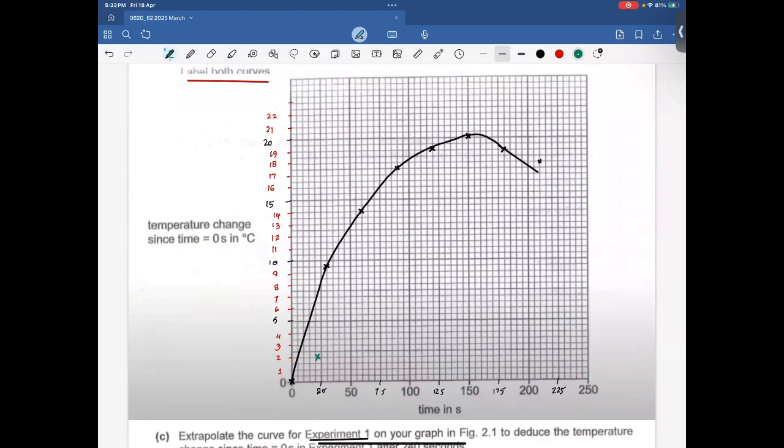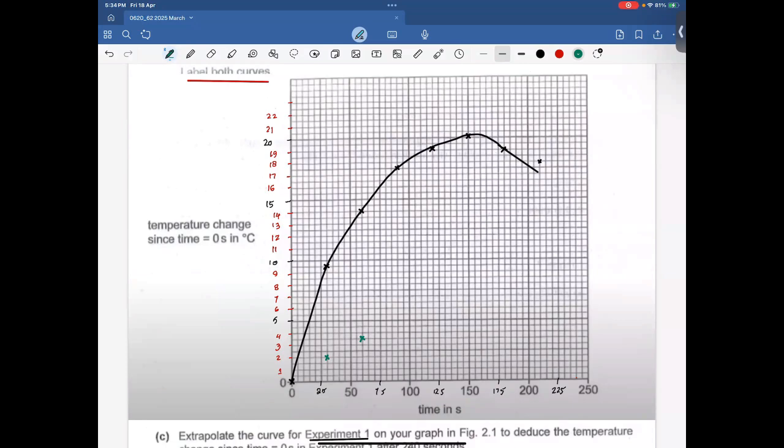Then hold on. 30, 25, 30, 2.0. Then 60. At 60, we have 3.5. This is 3.5.